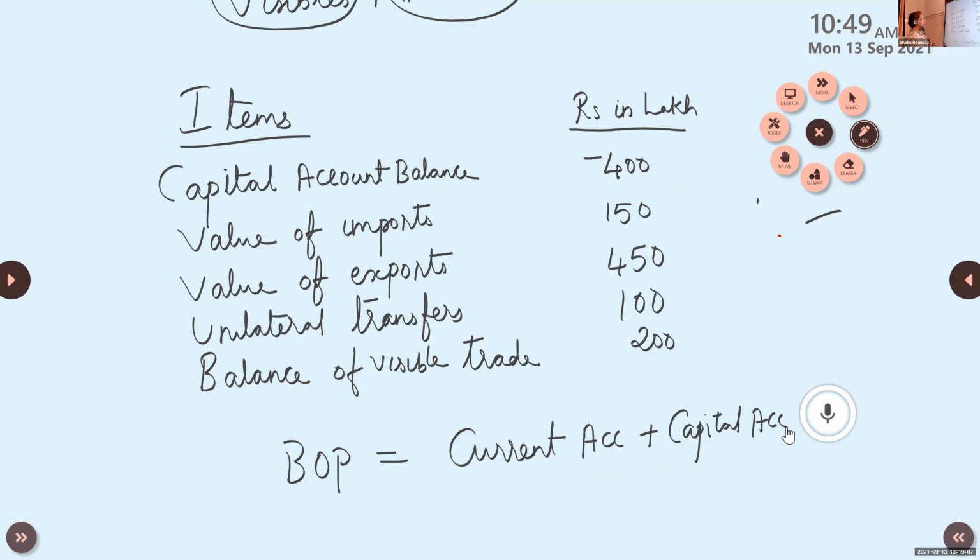Now see what all things they have given, what all will come under current account and capital account, and solve it and find out whether this is in balance or not.